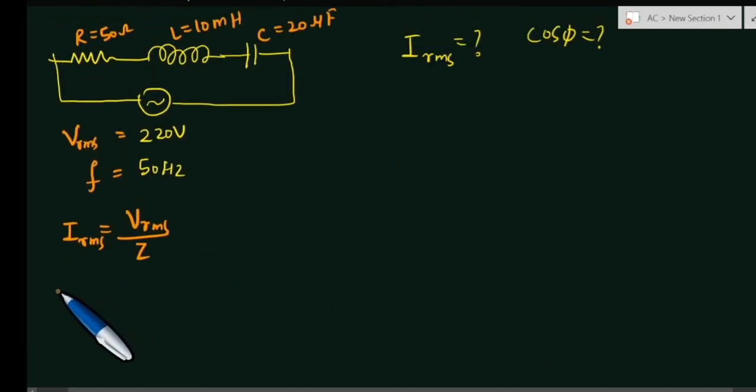Z is equal to the square root of R square plus XL minus XC whole square. But we don't know XL and XC, so first we have to calculate XL and XC.